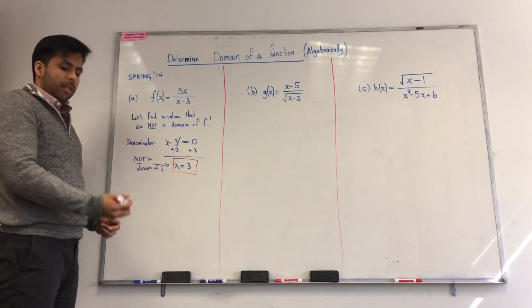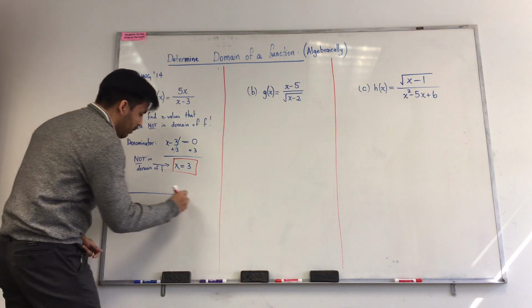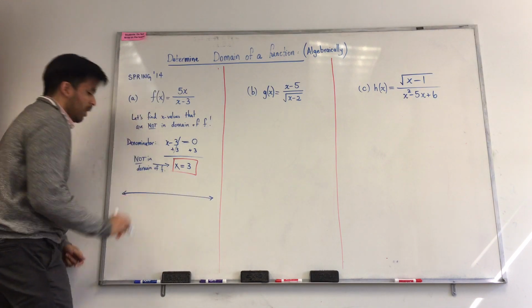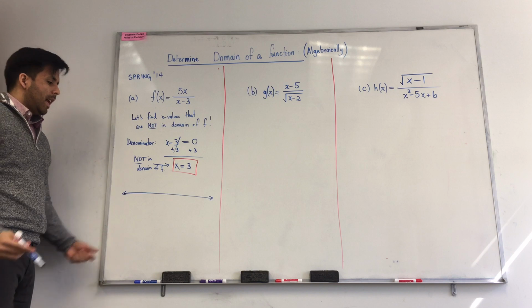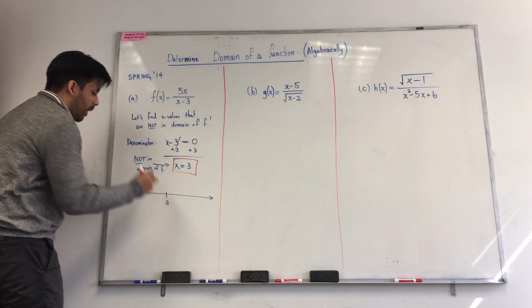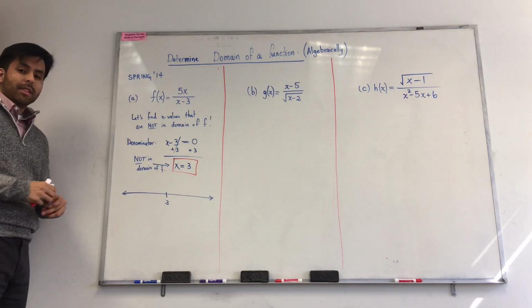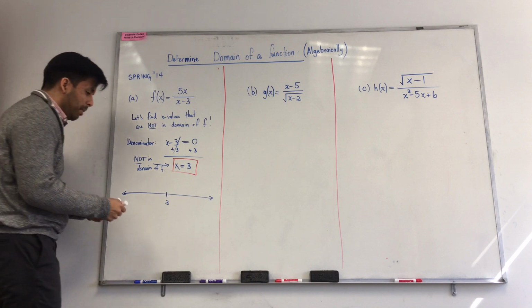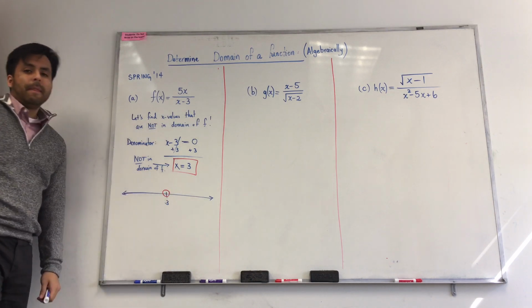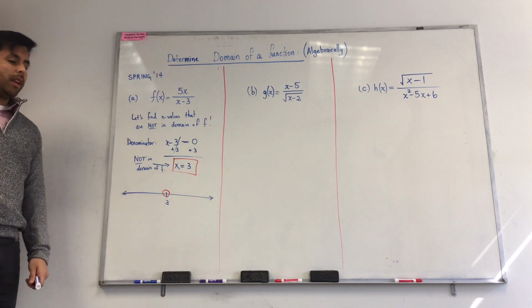So this is enough. Then I can say, and what helps a lot is if I construct this number line here, and I single out the x value that I am not going to include in my domain, which happens to be 3, and only 3.